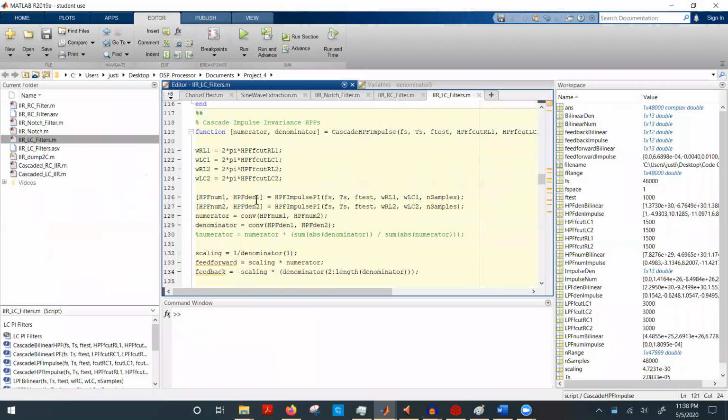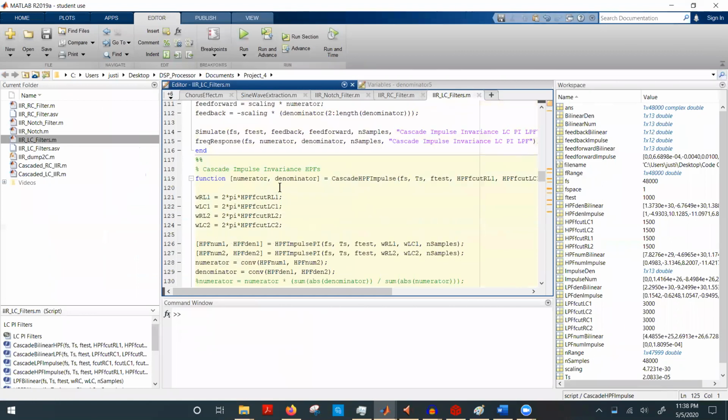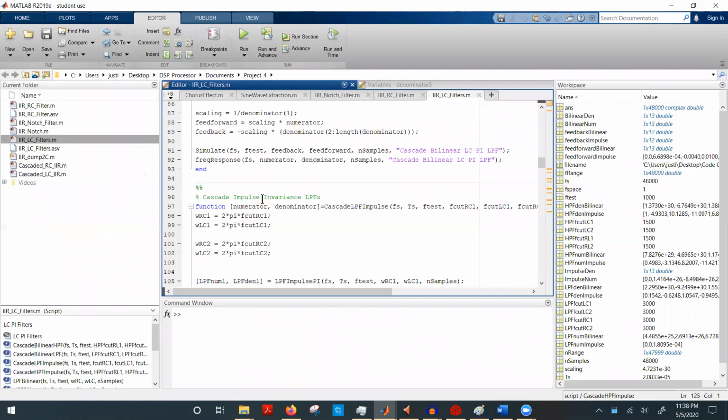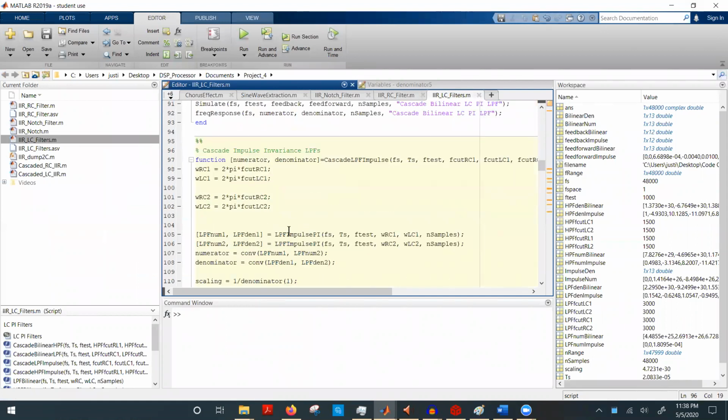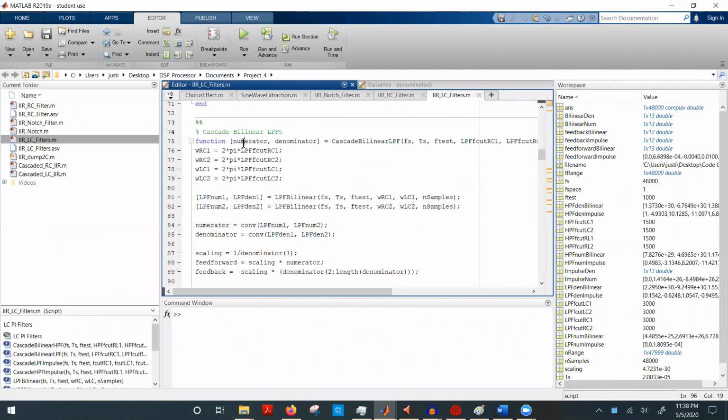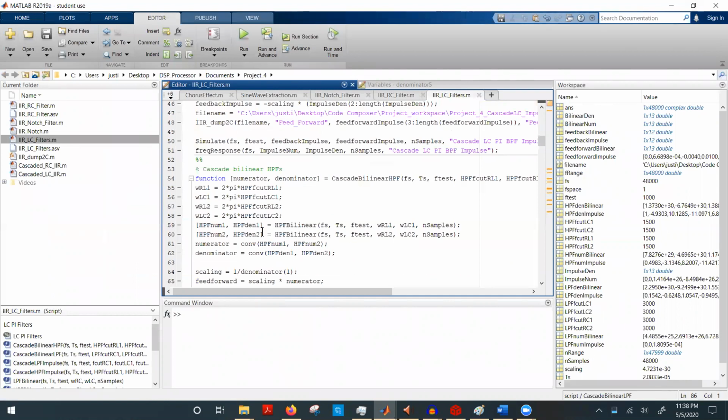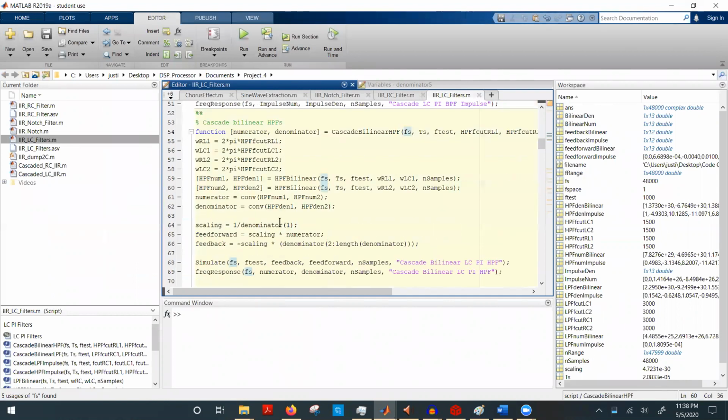So yeah, this is cascading the impulse invariance high pass filters. This is cascading the impulse invariance low pass filters. This should be cascading the bilinear low pass filters by simply taking convolution, and this one cascades the bilinear high pass filters using convolution.